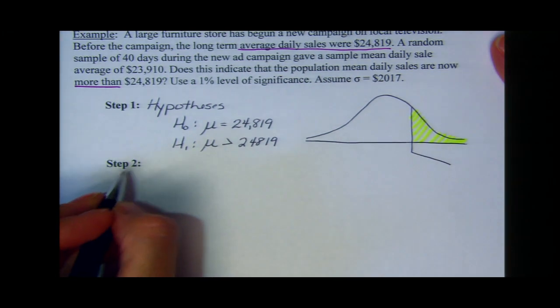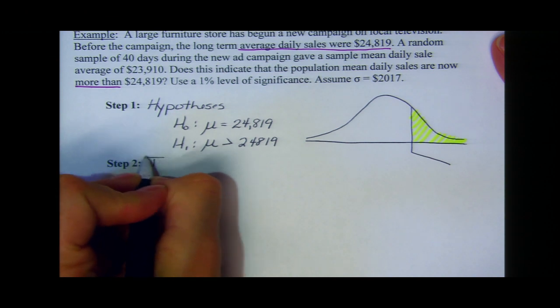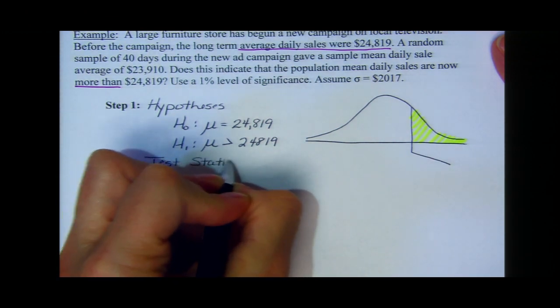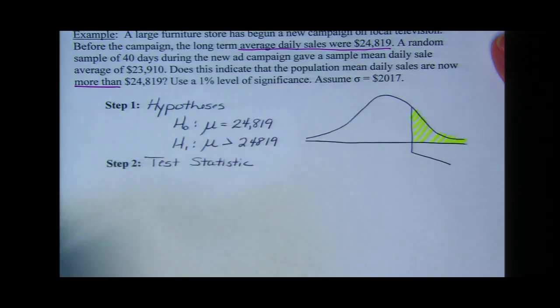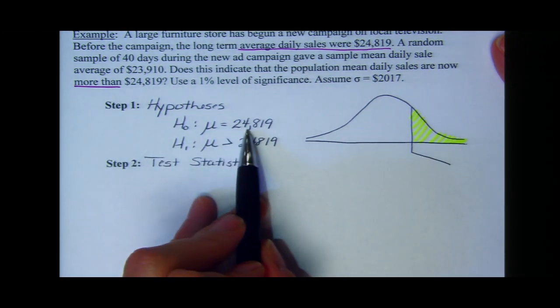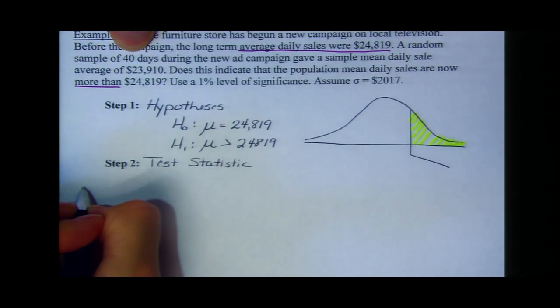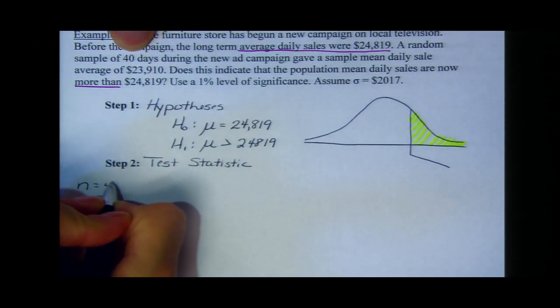Okay, so now we're going to go to step 2, which is our test statistic. And we know that mu is 24,819. So we had a random sample of 40 days, so n equals 40.